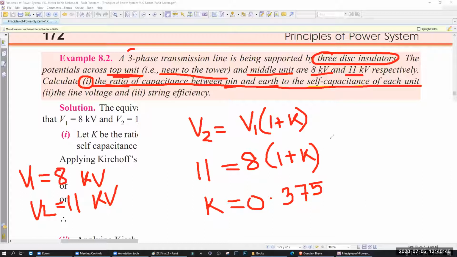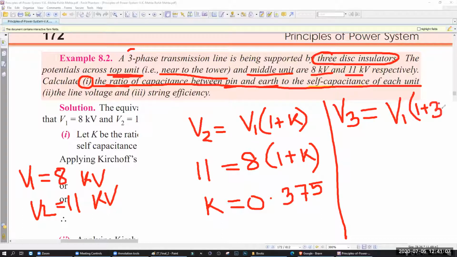Now the line voltage, that means they told us to find out the total voltage. Now we have V1, we have V2. Now we need V3, right? V3 will be V1 into 1 plus 3K plus K square.